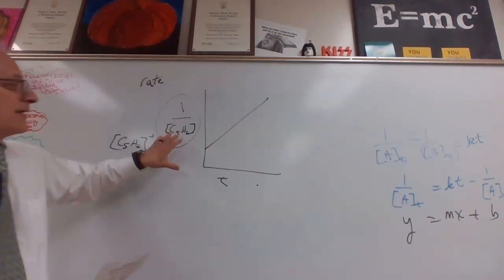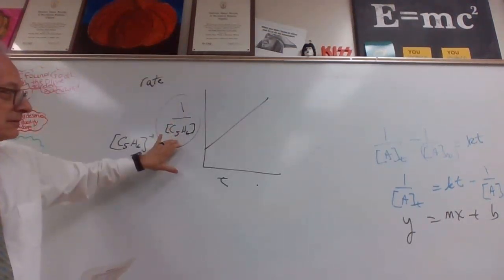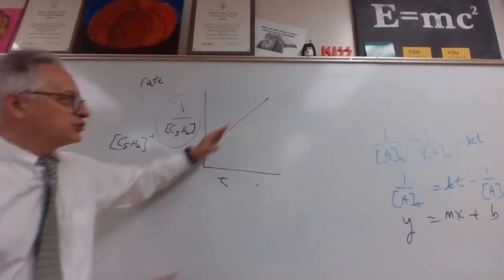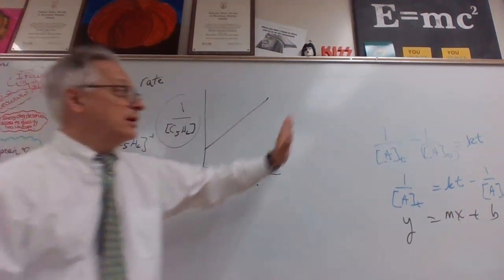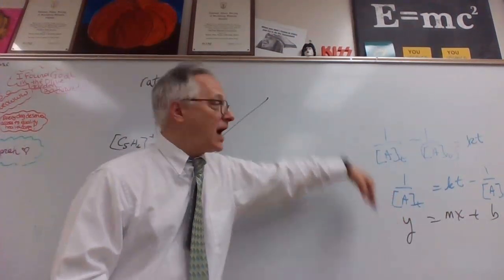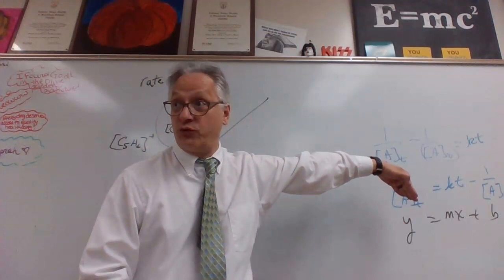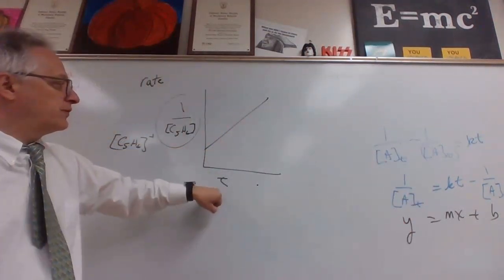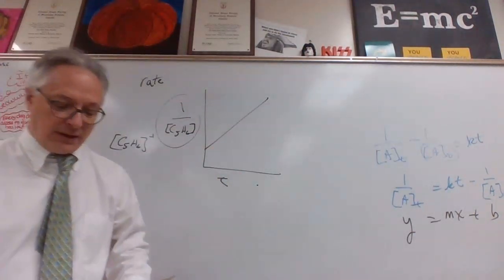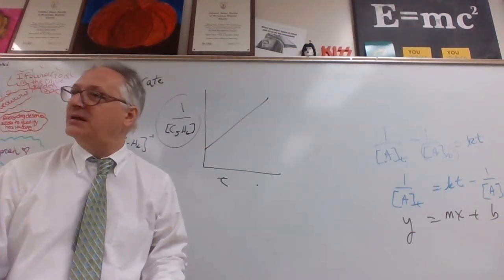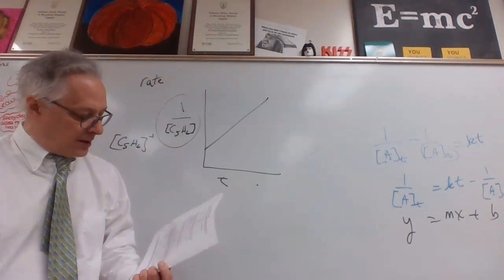So if I see 1 over that concentration versus time and I get a straight line, that indicates second order. Okay. So remember, if it's natural log versus time, I get a negative slope. That's first order. And if it's just concentration versus time, and you see a line for that, that is a zero order reaction.